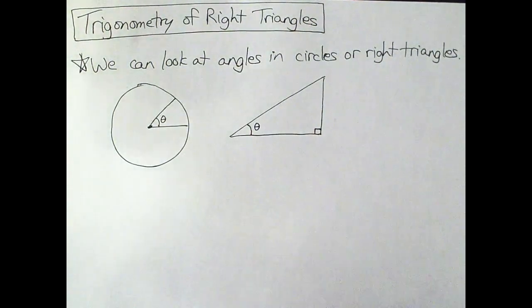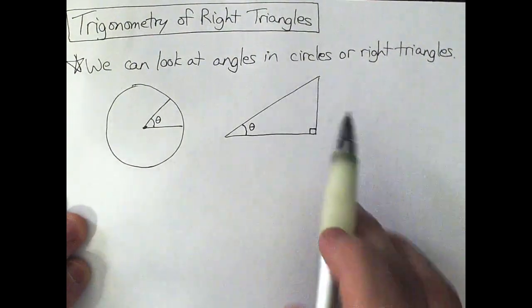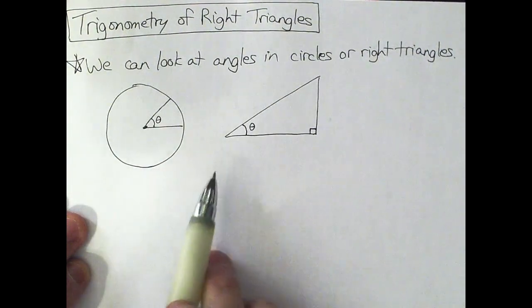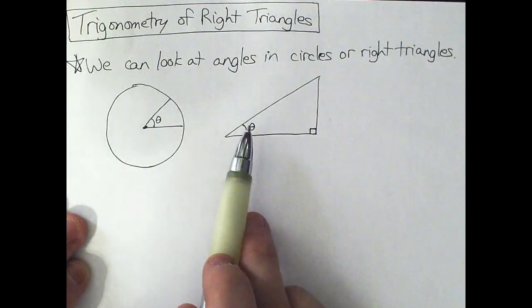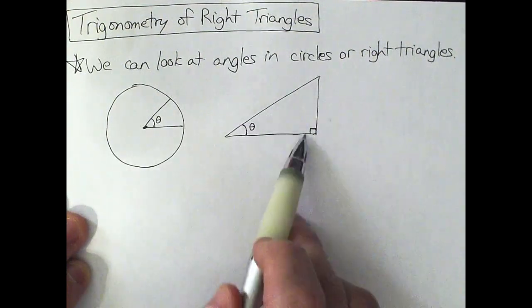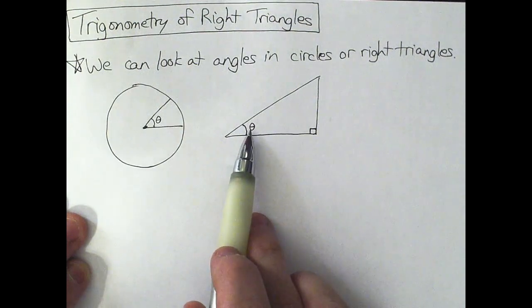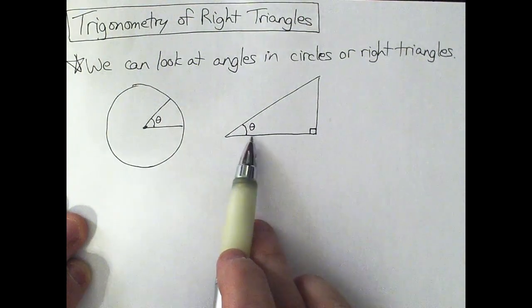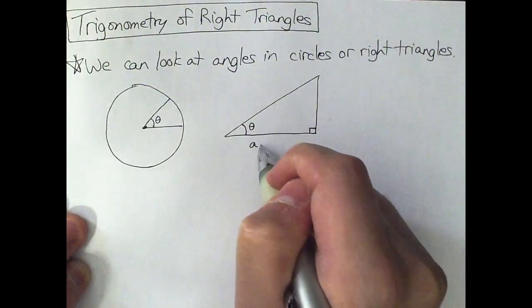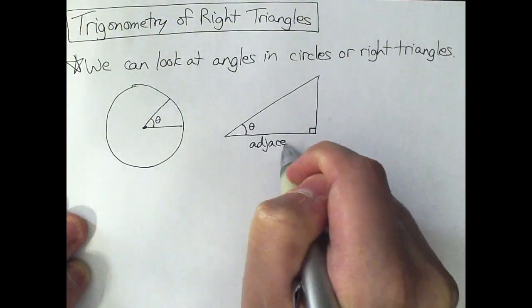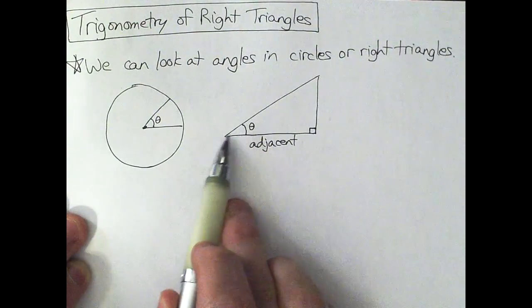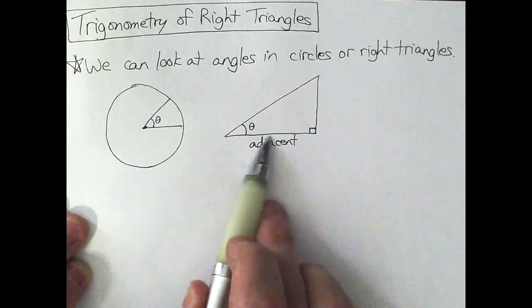Now, when we look at an angle theta in terms of a right triangle, we might talk about the three side lengths that make up the triangle. And we name the three side lengths according to where they are in relation to theta. There are three angles in this triangle, but theta right now is the angle that we're interested in. So we're going to label the three sides. First of all, this is the adjacent side because it's adjacent to the angle theta, meaning it's touching, it's part of the angle theta.